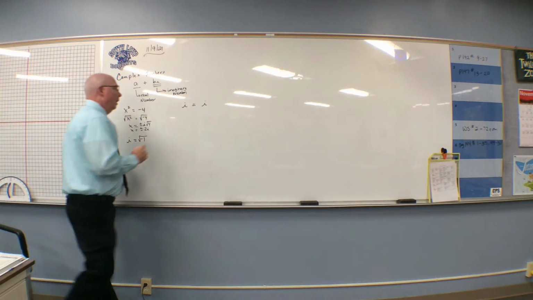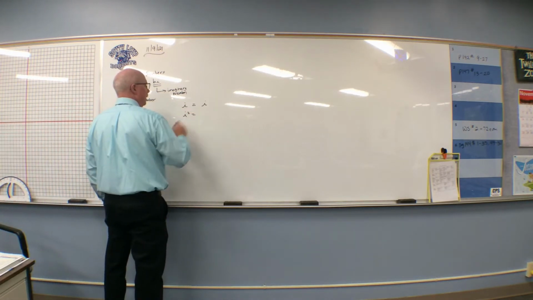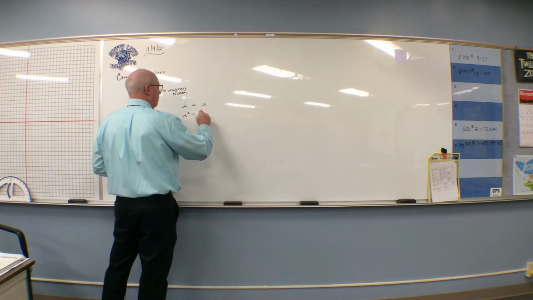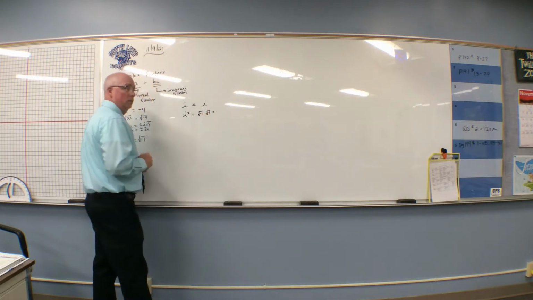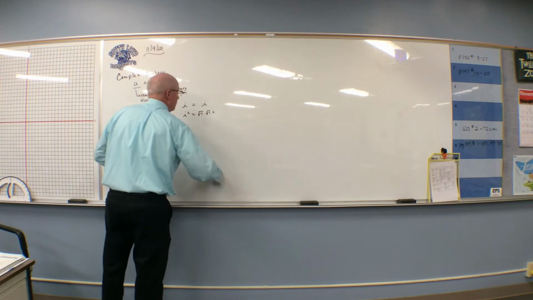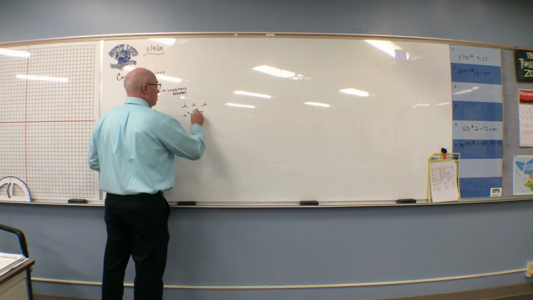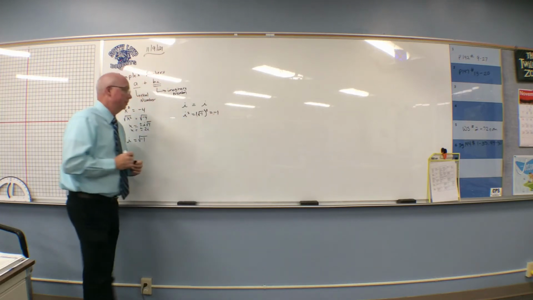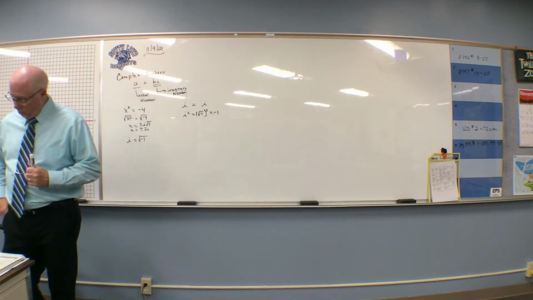All right, i squared is the square root of -1 times the square root of -1. So that equals what? Anytime you take i and you square it, you get what's underneath the square root, which is -1.